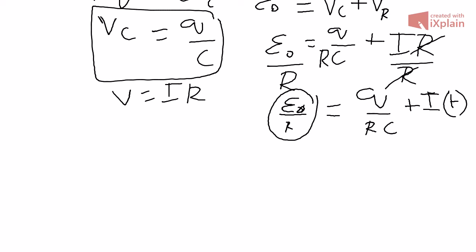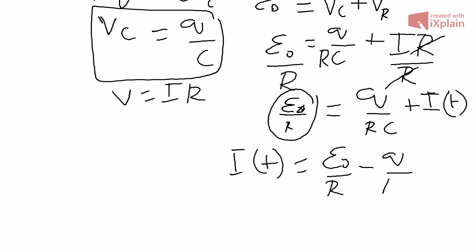So you can also write that I(t) is EMF over R minus Q over RC. So as charge builds up, the maximum current starts decreasing.